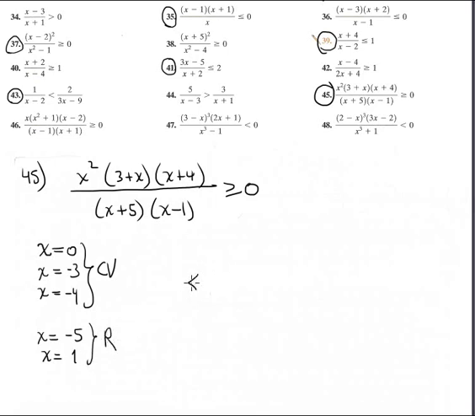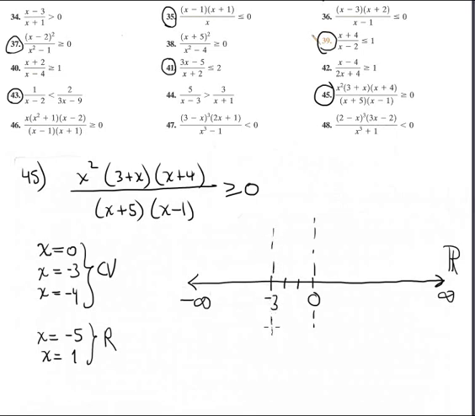Using this information, we are doing the partition of the whole real number line. The partition points are 0, -3, -4, -5, and +1.